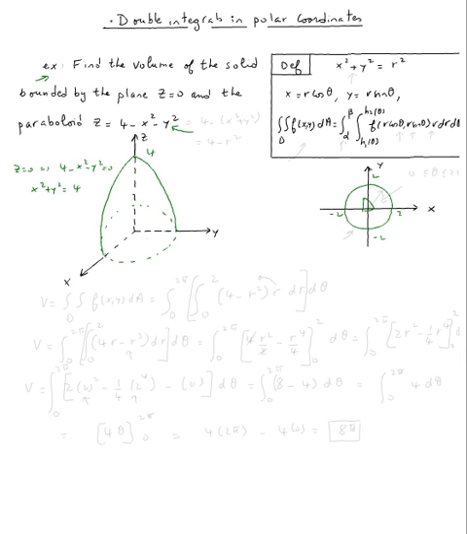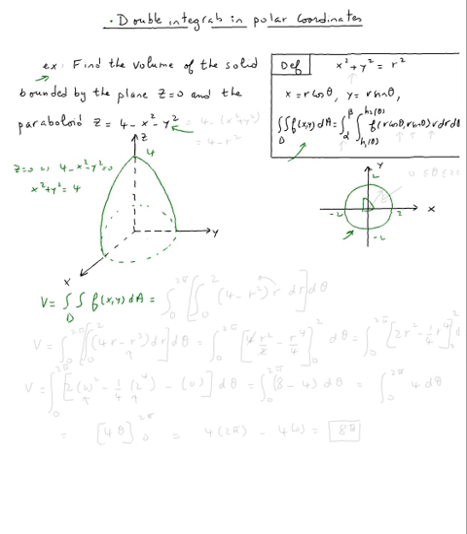Alright, so how do we do the volume? If we look at the definition, the double integral over D, our D is right there, the disk, of f of x y dA. In our case, we're looking for the volume.